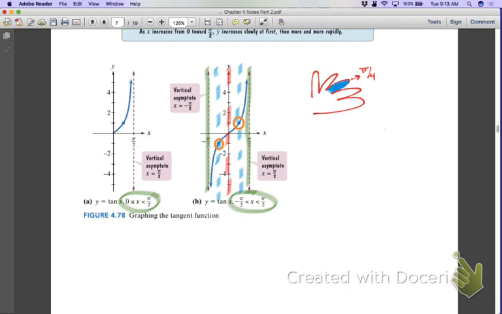If it was a -2, I would go over to my 3/4 mark and I would go down to 2. Whatever value is in front here, that's what the right side is going to do. The left side is going to do the opposite. I'm telling you, tangent is so much easier because you have your asymptotes, and the hardest part is going to be finding the asymptotes, and we'll do that in just a second.